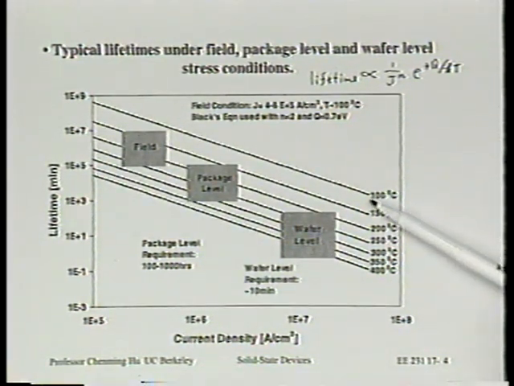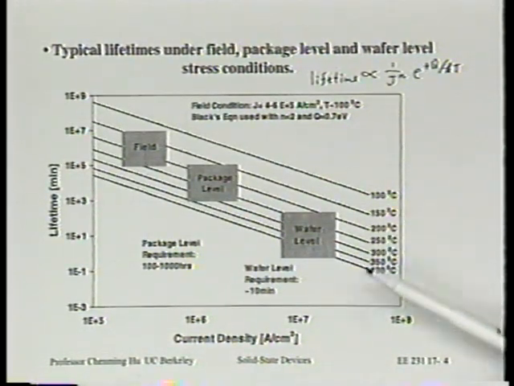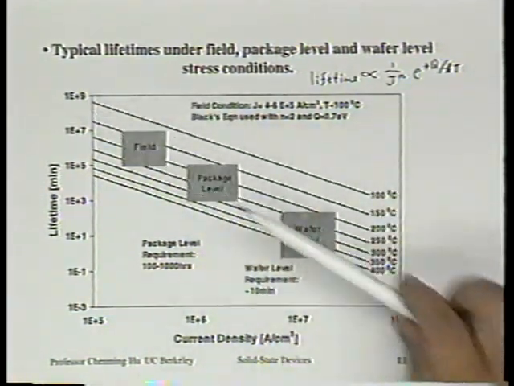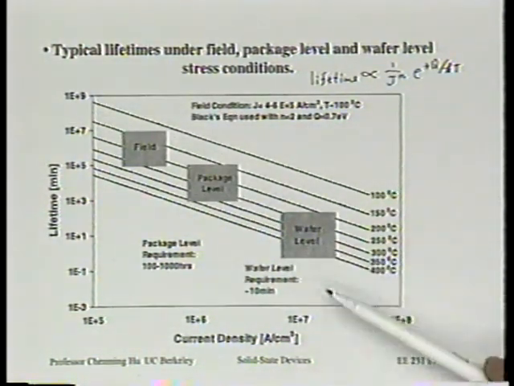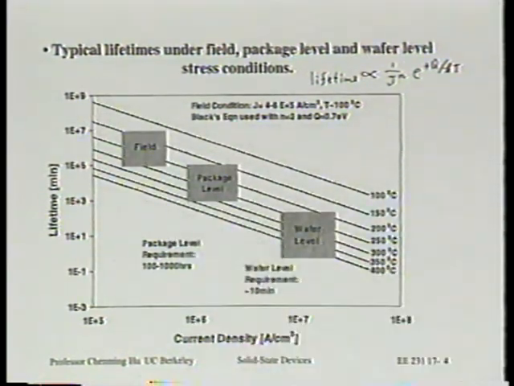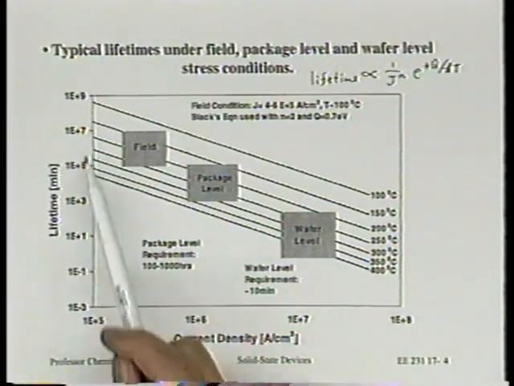So then you can also add different lines for different temperatures, that's what I'm saying. And any point on any of the set of lines actually refers to the same metal line, same material. Do you see what I'm talking about? Same metal line, just depending on the temperature and current density, it's going to have a different lifetime.